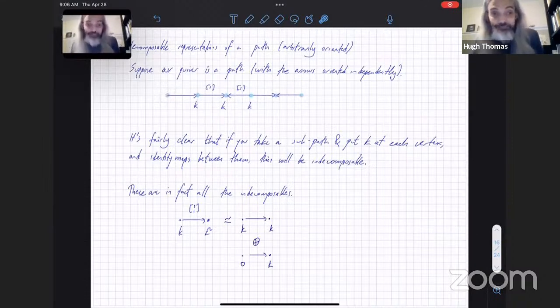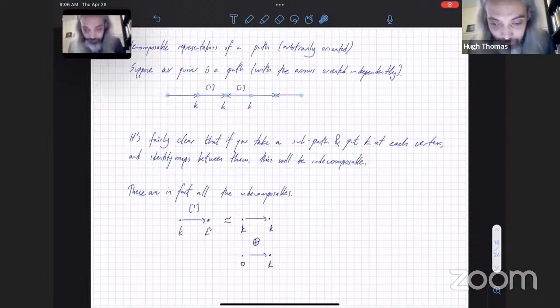So by studying the story for other quivers, you can generalize this basic linear algebra.